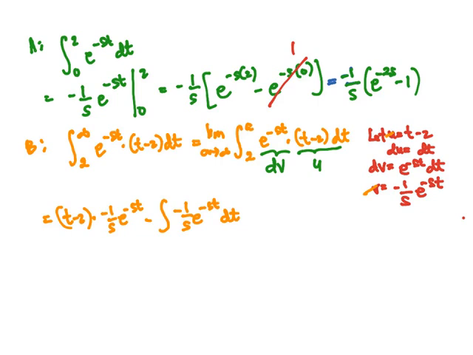Integrating further, you'll have here negative 1 over s times t minus 2 e to the negative st plus the integral of 1 over s, or we can take out the 1 over s.